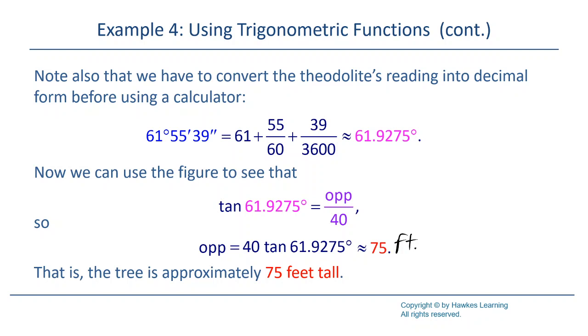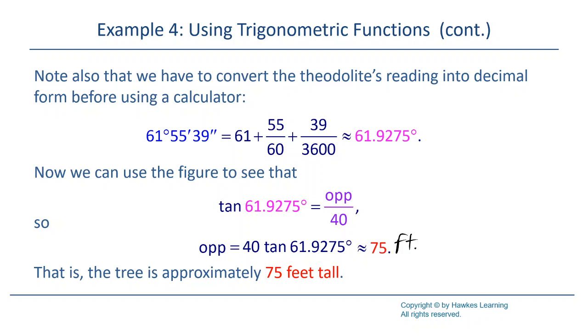And so it was a word problem. Give a word answer. The tree is approximately 75 feet tall. And so this is an example that's using the accuracy of degrees, minutes, and seconds to show that you have a pretty good idea.